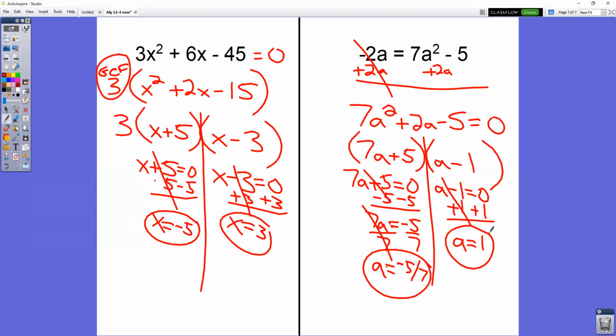That is the process that you're going to do for every single question today. On your class kick, I did point out which ones you should do the greatest common factors with. So this is 12-4.